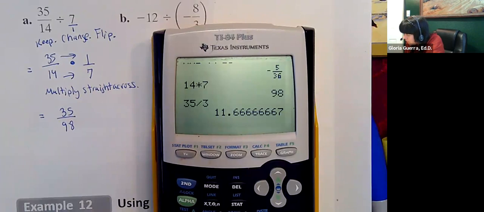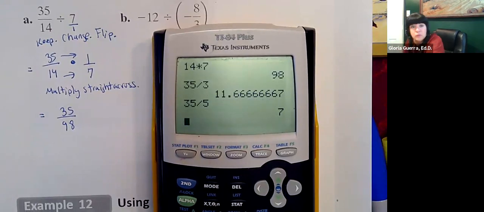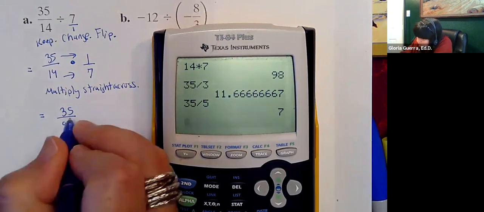I know 5 goes into 35, 7 times, but 5 doesn't go into 98 because it doesn't end in a 0 or a 5. If a number ends in 0 or 5, then you can reduce it by 5. But maybe 7 will work, because 5 goes into 35 7 times. Let's see.